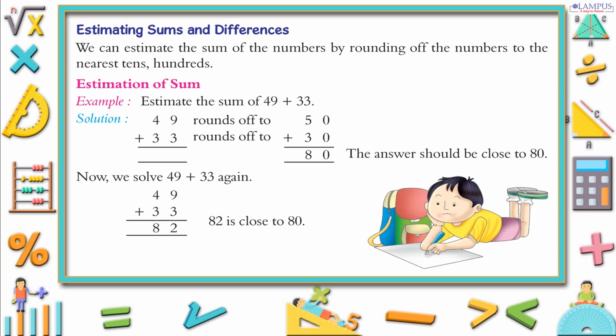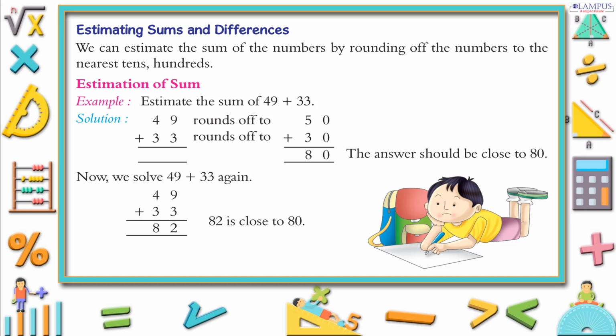Quiz Quest. Find the missing digits. Estimating sums and differences. We can estimate the sum of the numbers by rounding off the numbers to the nearest tens, hundreds. Estimation of sum. Example: estimate the sum of 49 and 33.